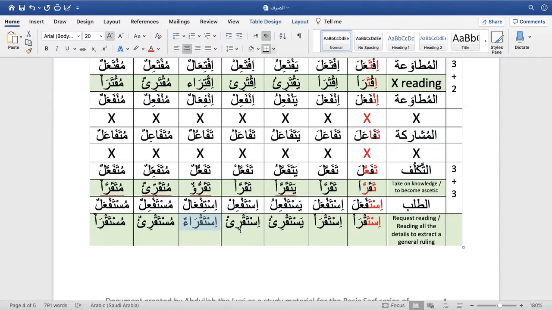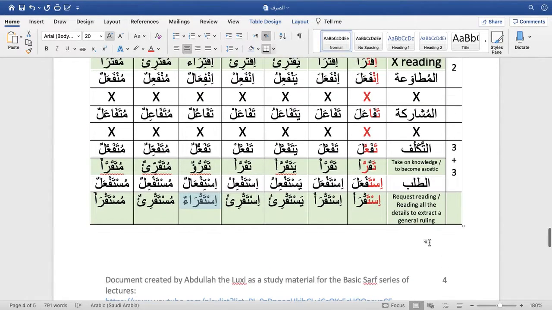The answer is no. However, in the Sharia we have something called al-istiqra, and you will find this in the books of Usul al-Fiqh. That is a way to extract Shar'i rulings, and it's by doing what is explained here. You're reading, or you're looking up all the details in order to come up with a general rule that reflects all these details that you have read.